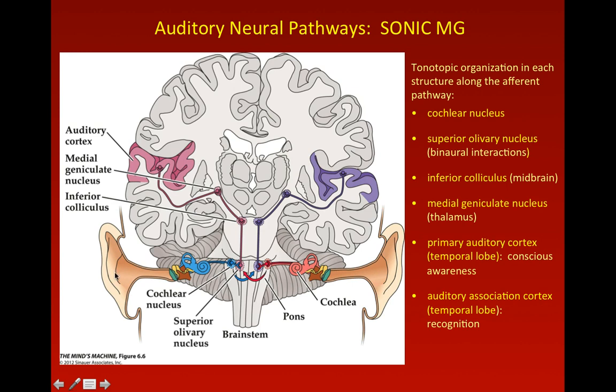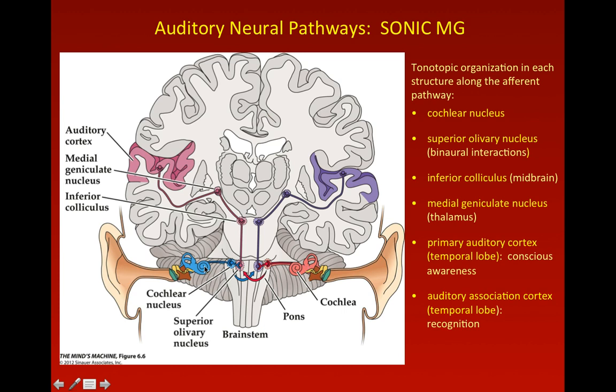These are obviously the two ears, and on the right side of the head we have all the structures of the outer, middle, and inner ear, shown in blue, and we have similar for the left ear in red.